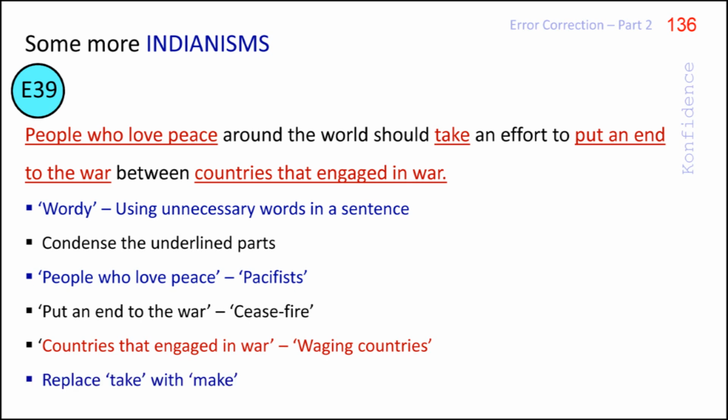And also, the word take must be replaced with make. Make an effort is the right expression. Hence, the reconstructed sentence is, pacifists around the world should make an effort for ceasefire between waging countries. See how brevity brings beauty to the sentence.